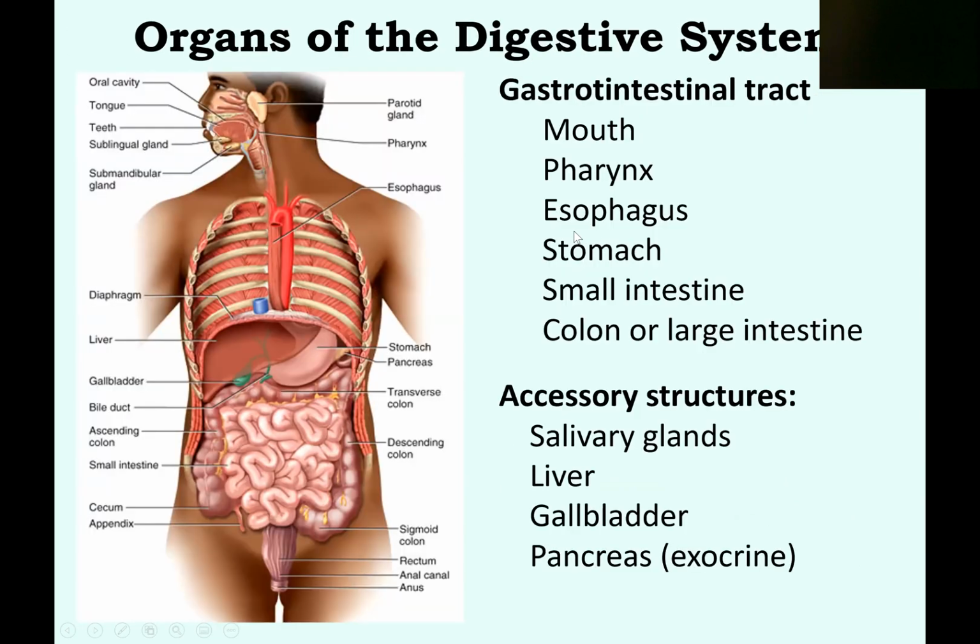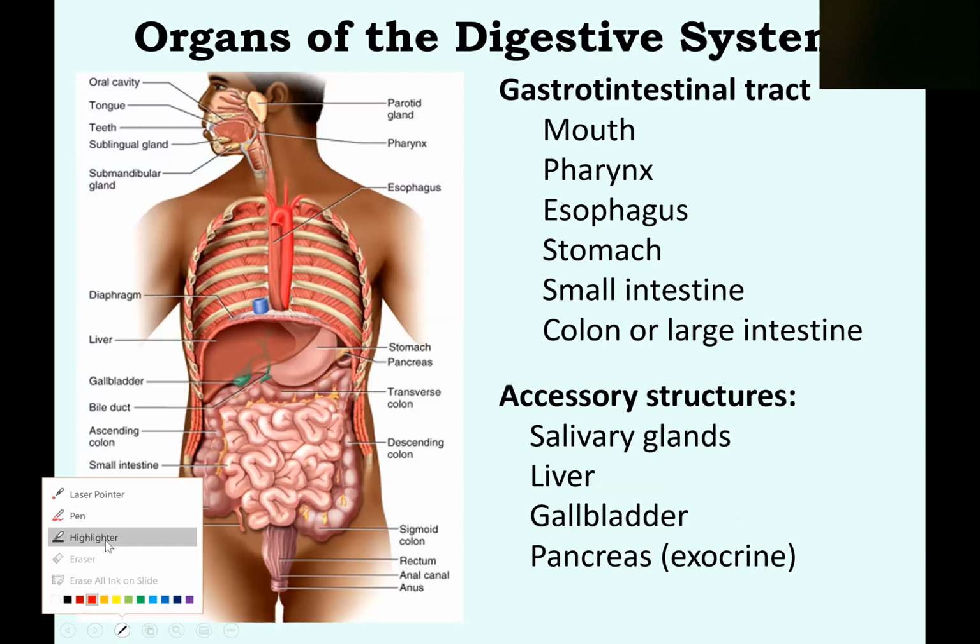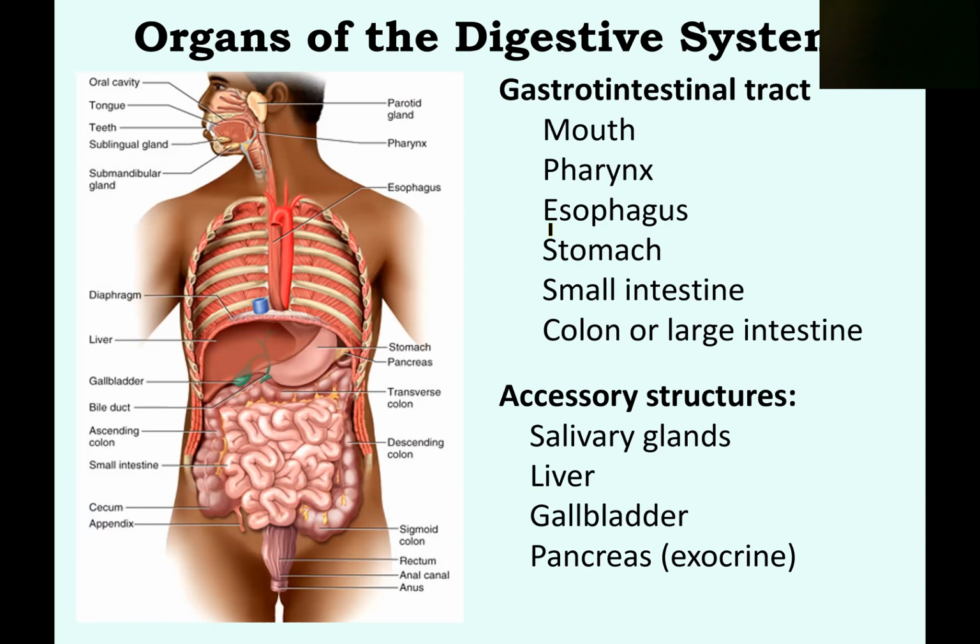Now, one more time. The esophagus, stomach, small intestine, colon, or large intestine all share the same 4 layers of tissue.